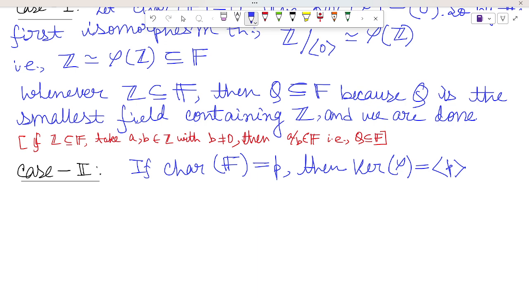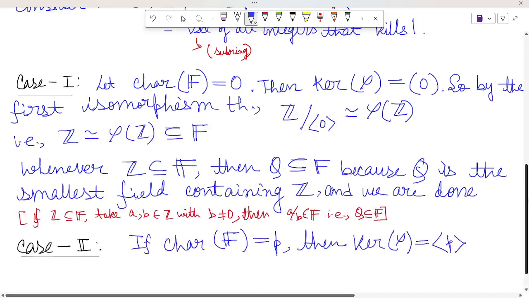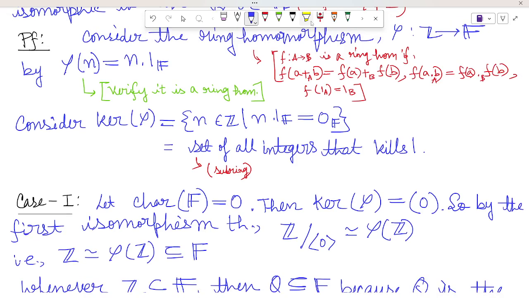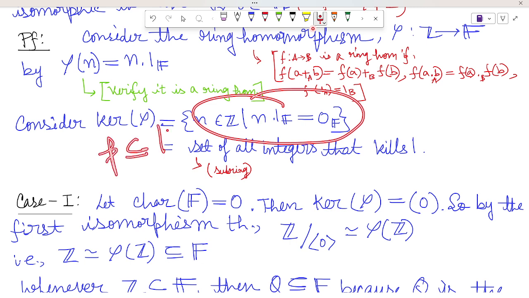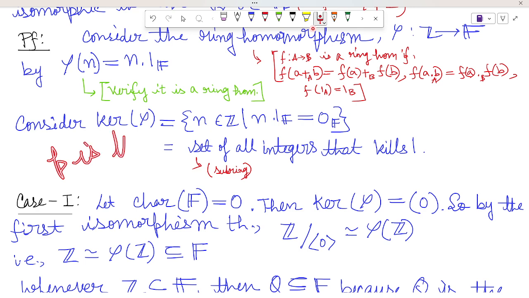So why is it p? Because p is inside the kernel of phi, and obviously p is the smallest such thing.